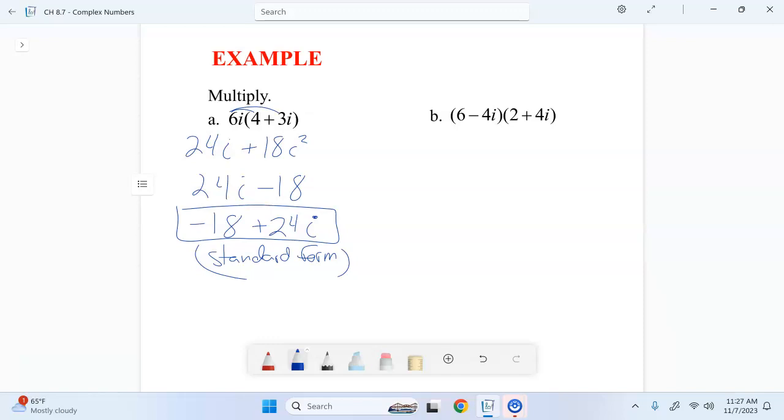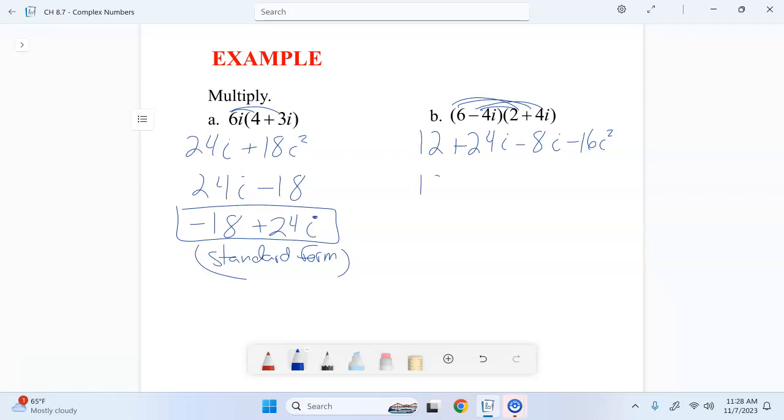What am I going to do with b? Okay, walk me through it. It's 12 plus 24i minus 8i minus 16i squared. But what can I simplify here? 12.